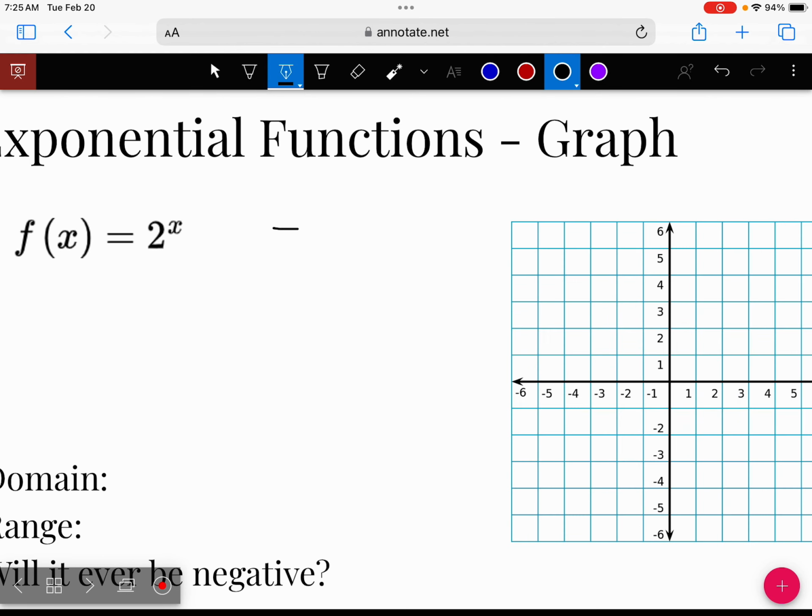So we're going to make a table. We're going to try and graph 2 to the x. And I'm going to make a big table. I'm still going to get that good view of the center. So when we pick our x values to find our y values, I still want to get a good view of the middle of my graph.